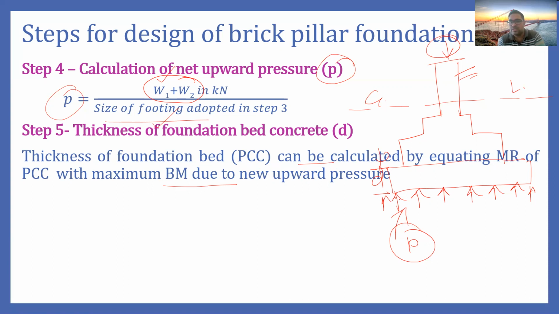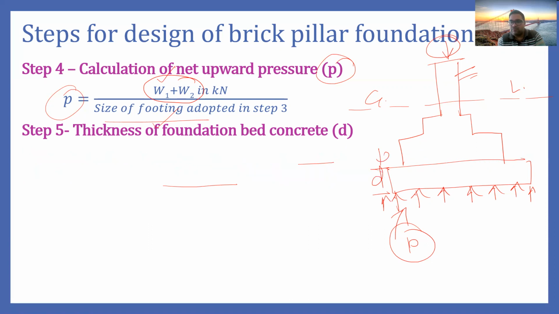So as you can see, this net upward pressure will try to bend this PCC like this. So at this point, we will be having maximum bending moment because of this net upward pressure. Similarly here also, at this point, because of this net upward pressure, this PCC will try to go up like this.